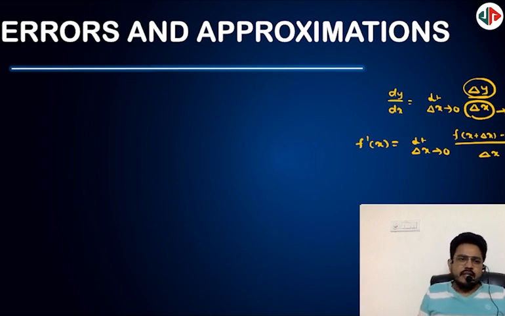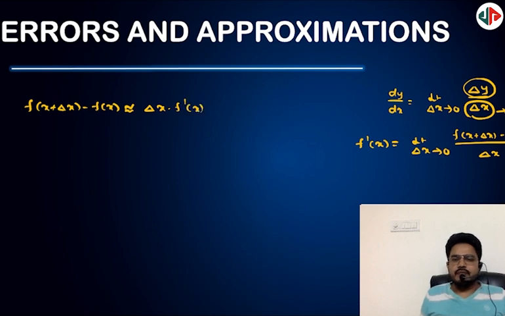So from here f of x plus delta x minus f of x is approximately equal to delta x into f dash of x. So this limit is removed and it is approximately equal to this.